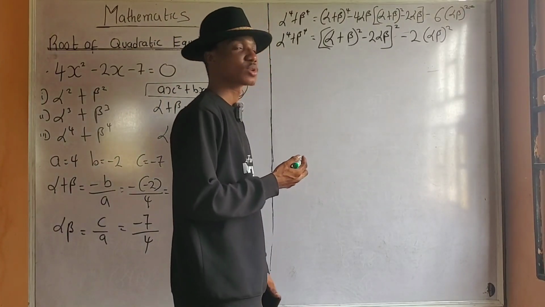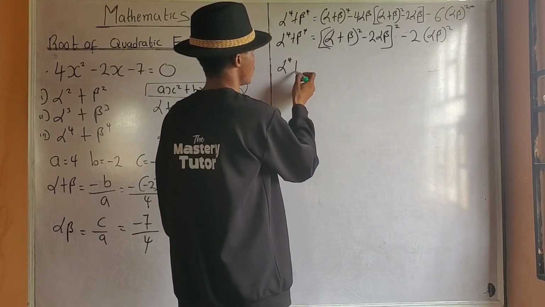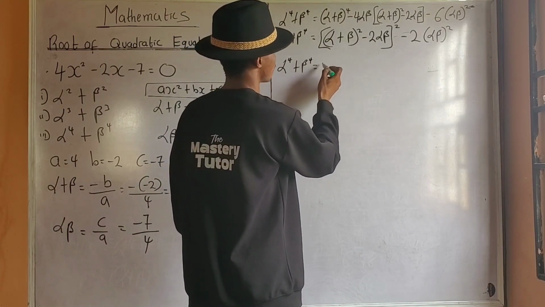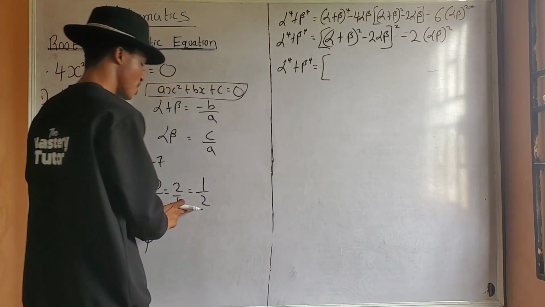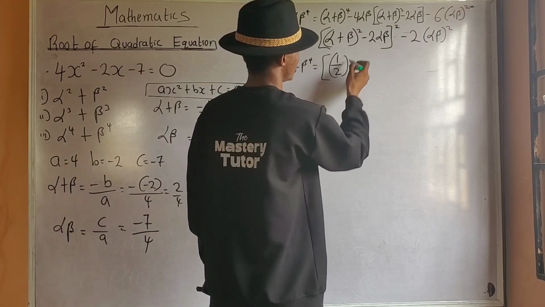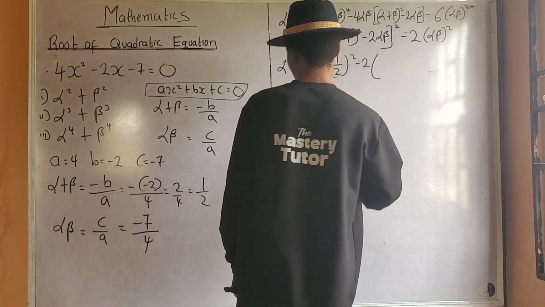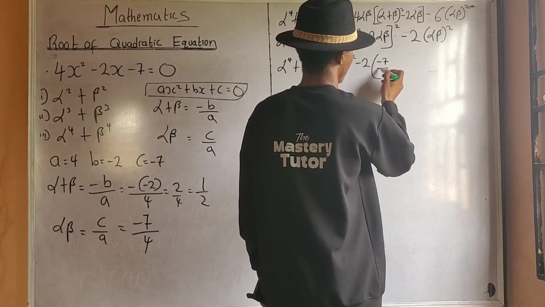So here I'm going to make use of the second equation, which is alpha raised to the power of 4 plus beta raised to the power of 4 equals, okay, now don't forget that alpha plus beta is what? 1 over 2. So I'm going to have (1 over 2) squared minus 2 alpha beta. Alpha beta is negative 7 over 4. Negative 7 all over 4.